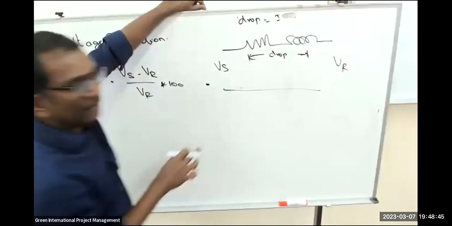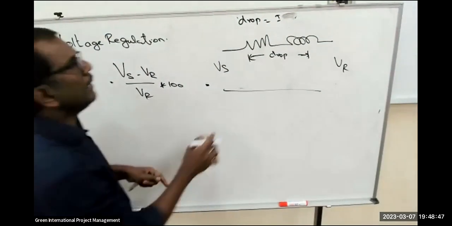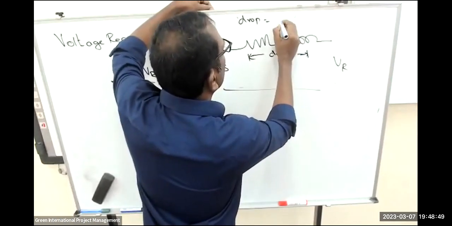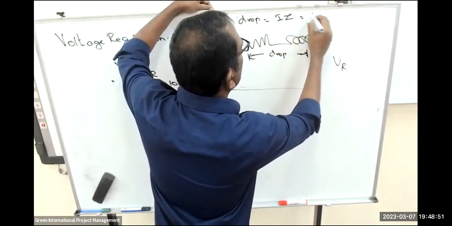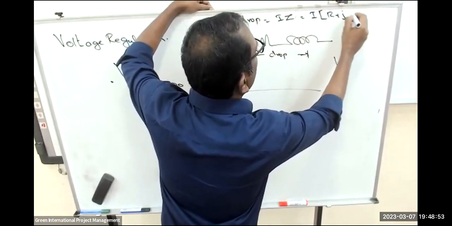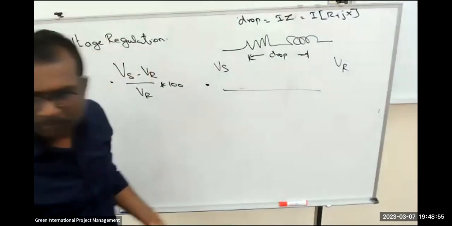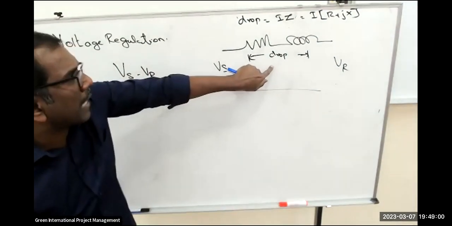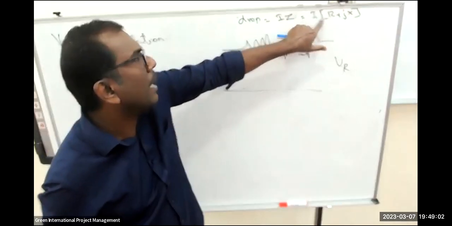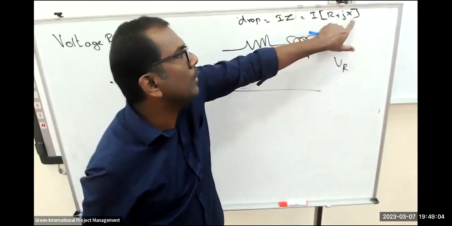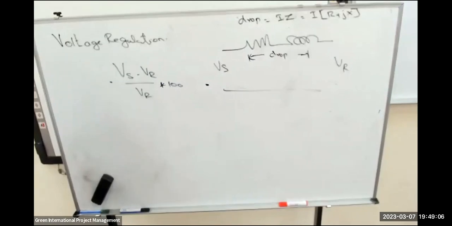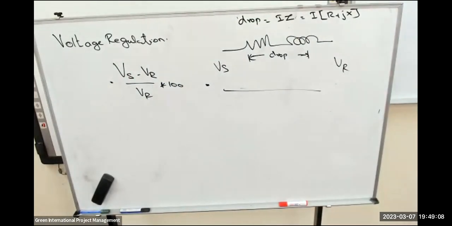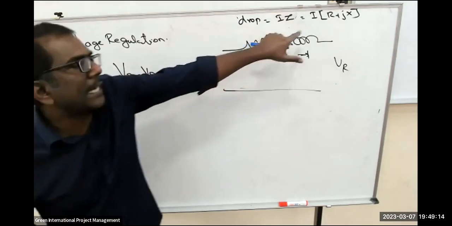Actually, here we are discussing the AC supply, so the drop is I into Z, which is equal to I into (R plus jX). To minimize the drop, we may reduce the resistance or reduce the reactance. We are not able to reduce the current because we need to maintain the load, so the current we need to fix.